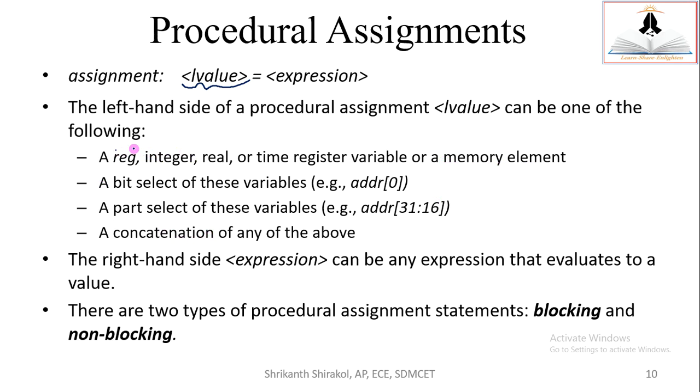All these things can occupy the place of the L value. Or else it can also have a bit select or part select of these variables, or a concatenation of any of the above. All these things can occupy the position of the L value, the left hand side of the procedural assignment.